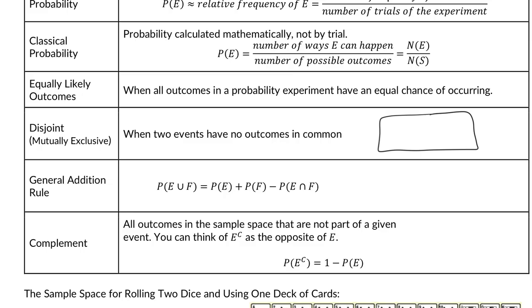It's part of the sample space. A mutually exclusive set of events would be like a pink circle being here and a blue circle being here, and they don't overlap at all. Disjoint events have no overlap. They have nothing in common.